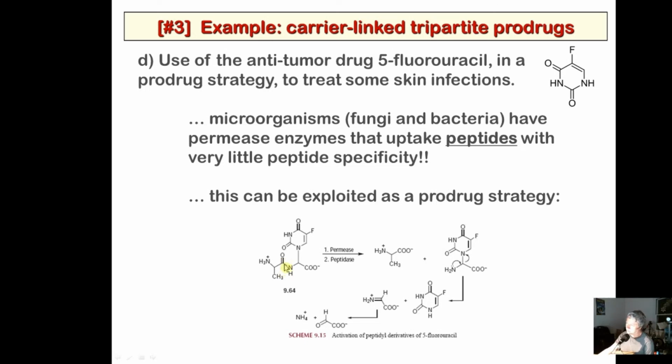So there's this alanine linkage right there. So that'll generate alanine, and then this just degrades spontaneously to kick off the 5-fluorouracil, and then this has a super toxic effect, just like it does to tumor cells, also to bacteria and fungi.